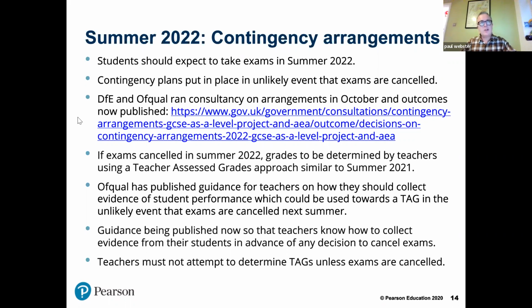Ofqual have produced information about how you would collate evidence of student performance. There is no requirement for you to determine TAGs or do anything unless exams are actually cancelled, and it's looking highly unlikely from a UK perspective anyway.